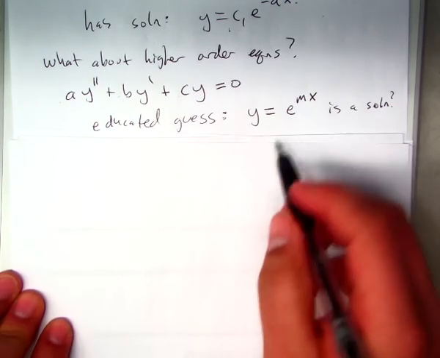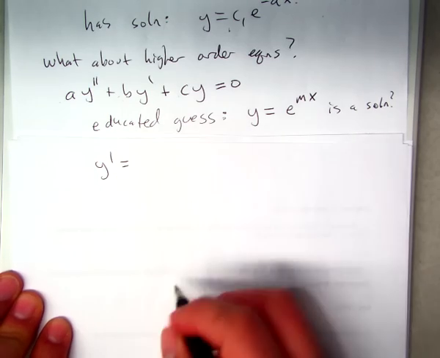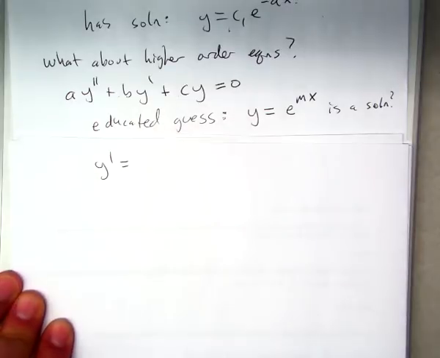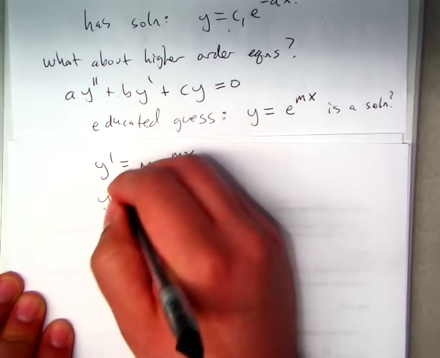Okay, so if this is a solution, then we should be able to take its derivative, plug it in, right, and see that it makes sense. What's y prime going to be? m e to the mx. Y double prime?